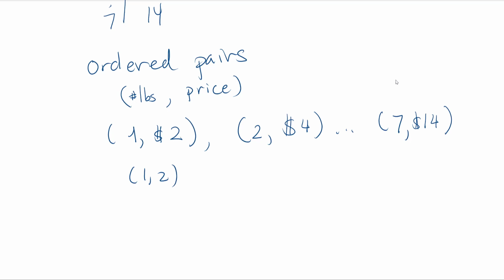In reality, we usually don't put the units within the pair, so we would write it up like this. So this is the third way of writing a function, or the relation here between the number of pounds we want to buy and the amount of money we will have to pay.